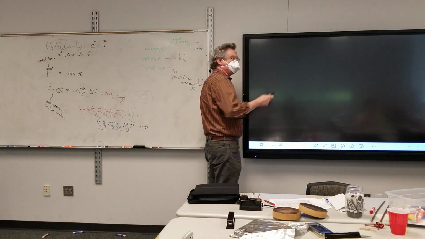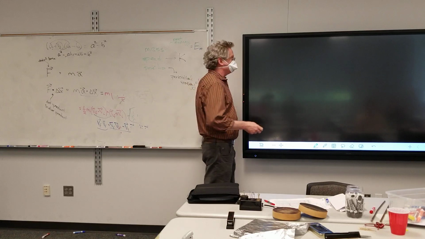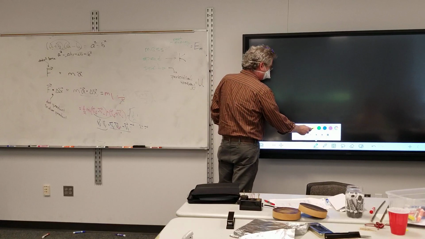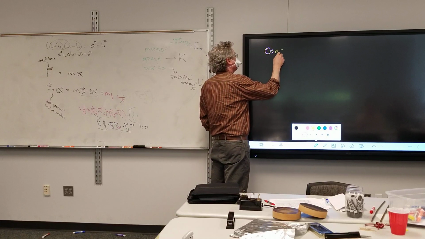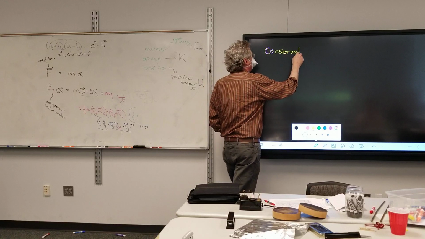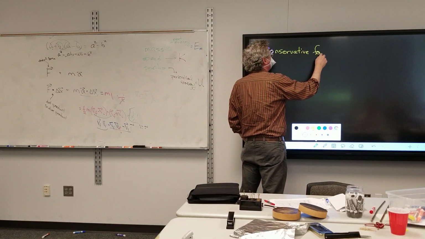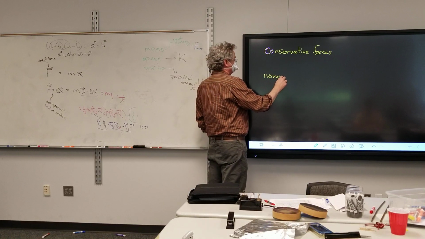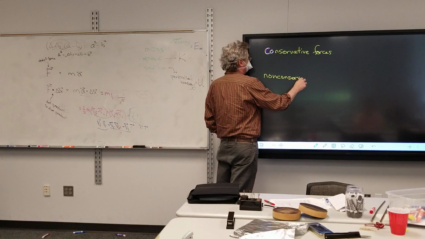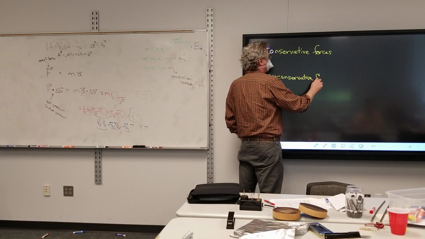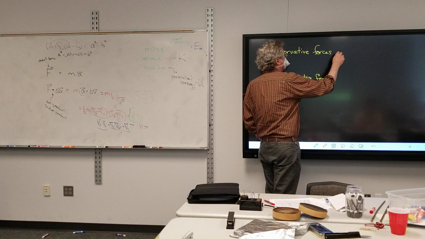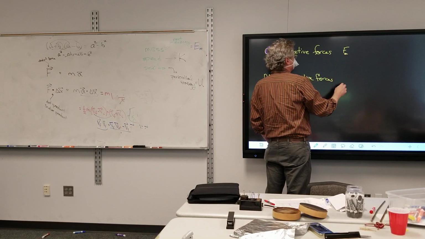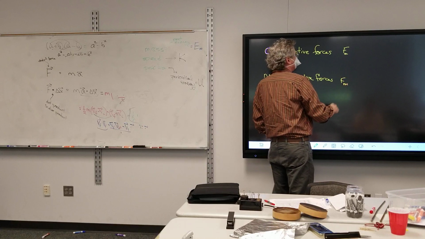All right, forces are broken down into one of two types. There are conservative forces, and cleverly, non-conservative. So generically, I can call them F sub C and F sub NC.